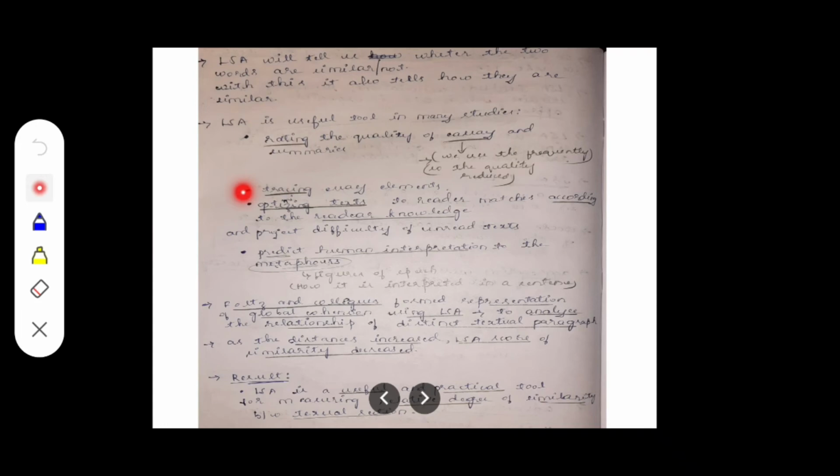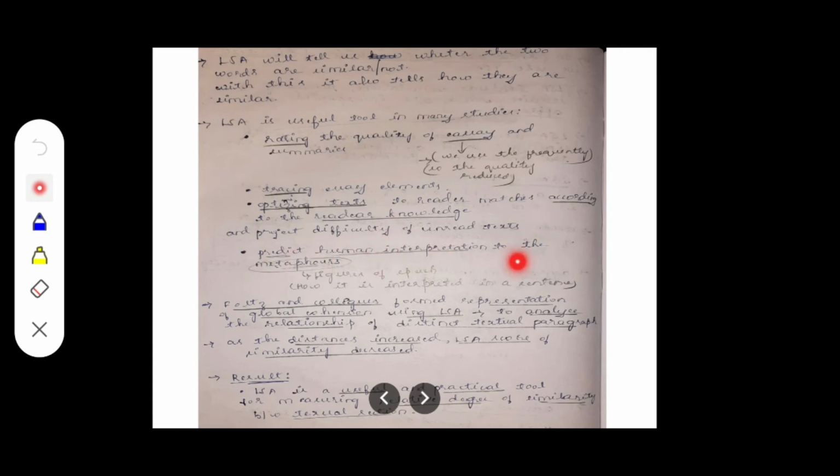And also optimizing the text: we are going to optimize the text according to the reader's knowledge. We are also going to project the difficulties of unread text, text which is not yet read by the user. According to his knowledge we optimize the text. If he feels it is difficult to read, we project the difficulty of the unread text.